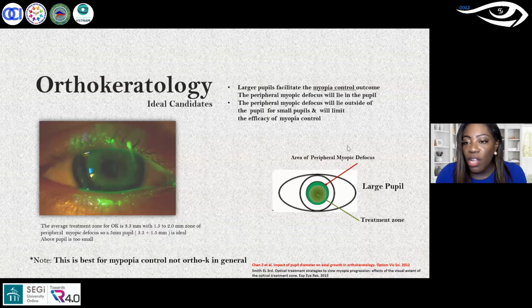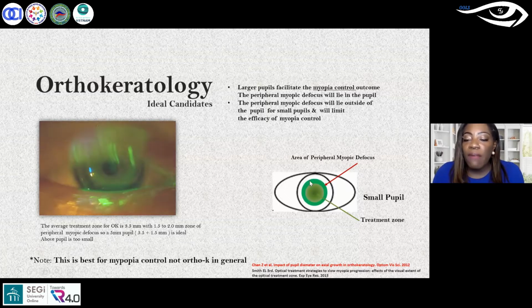If we have a large pupil, the peripheral myopic defocus will lie in the pupil, and therefore that patient will get the peripheral myopic defocus, which is what's slowing the progression of myopia.